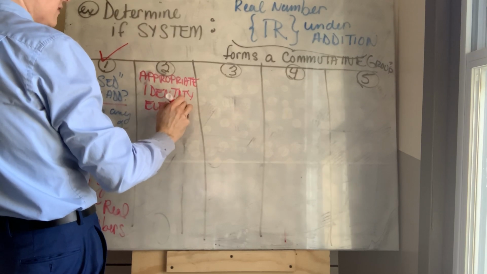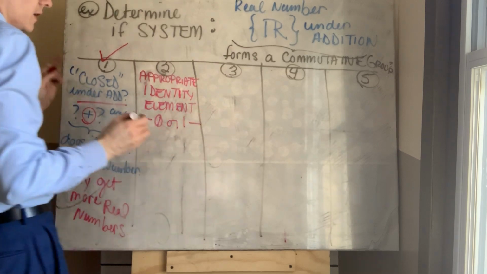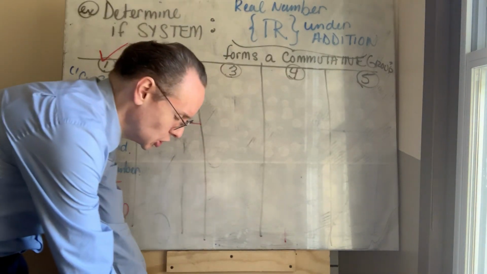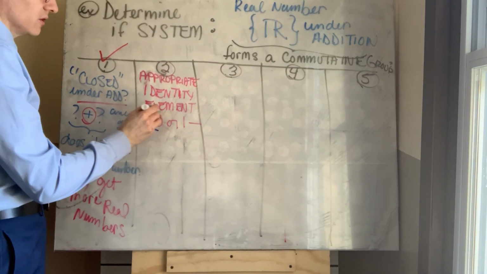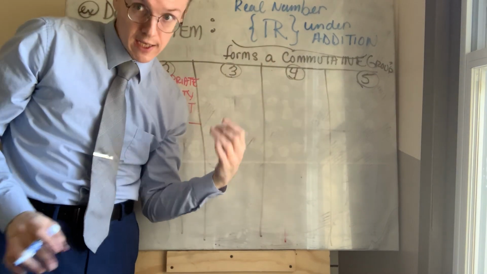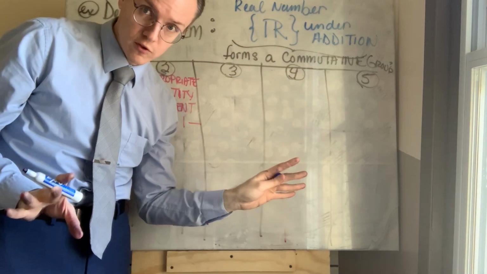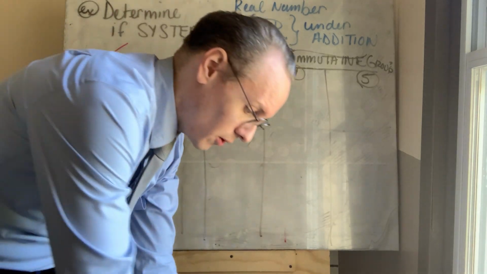Remember, the appropriate identity element would be either 0 or 1. If we're talking about addition specifically, it would be 0 realistically. But if we're talking about real numbers in general, again, it's very vague. It's not specific at all. Is 0 incorporated as part of that?